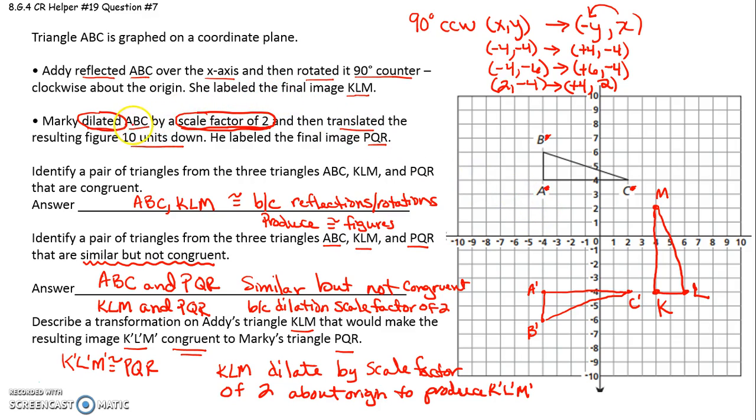All right, so let's pretend we take our original and we dilate it by a scale factor of 2. So if this is -4, 4, it will be -8, 8. So I'll call that A double prime. -4, 7 would be -8, and then we'd have to go all the way up to 14.